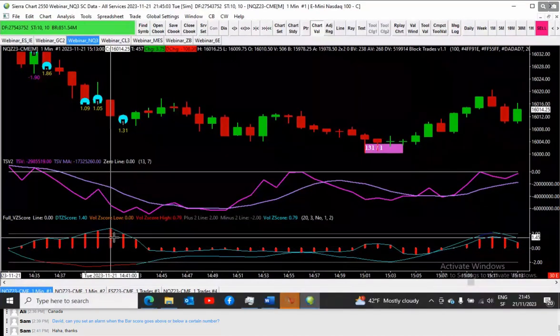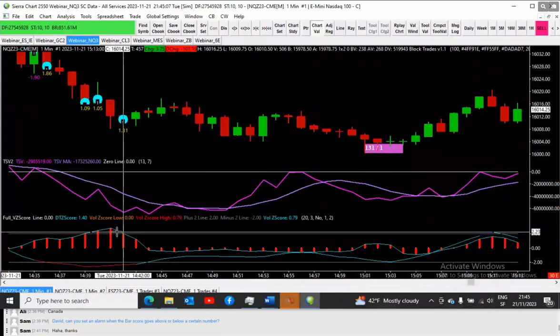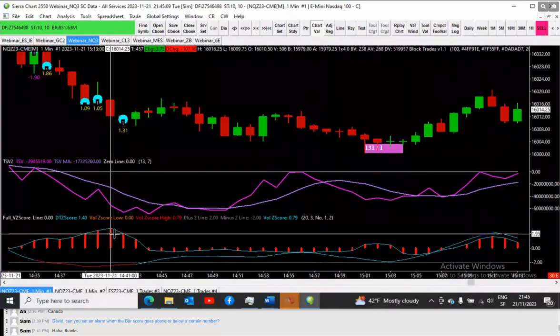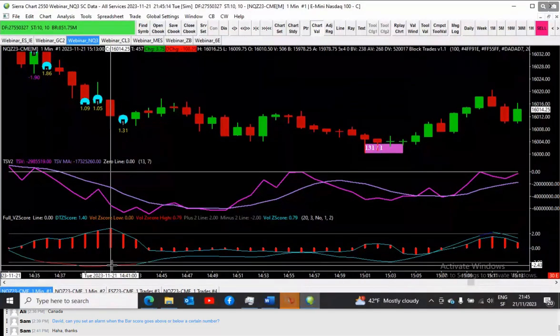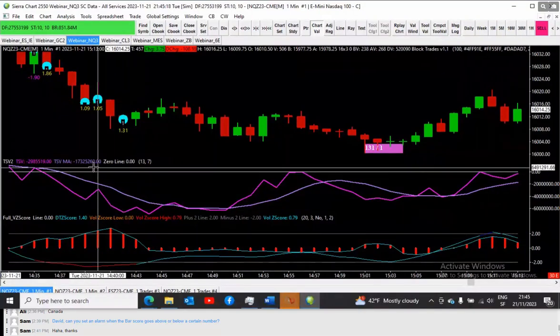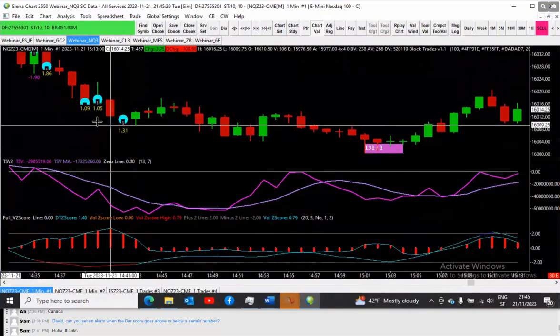When you see the volume Z score is at a maximum, so it's above +2 standard deviations, and the price Z score is at a minimum, so it's below -2 standard deviations, that will usually indicate there's some change of direction.